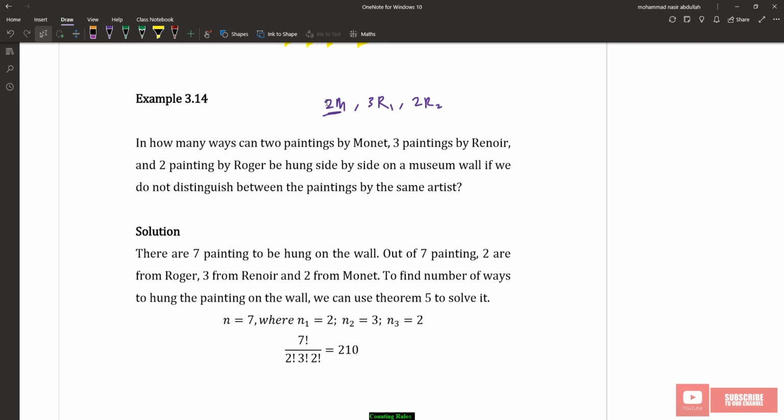Monet has 2, Renoir has 3, Roger has 2. So the total n is 7 factorial divided by 2 factorial multiplied by 3 factorial multiplied by 2 factorial, which is equal to 210. I already mentioned it here, so it should be very easy.